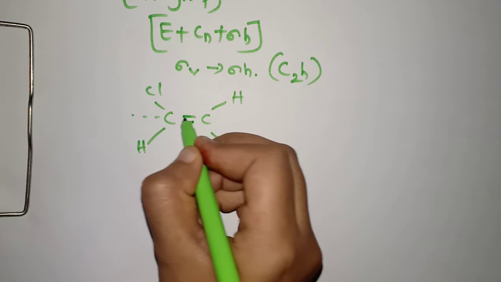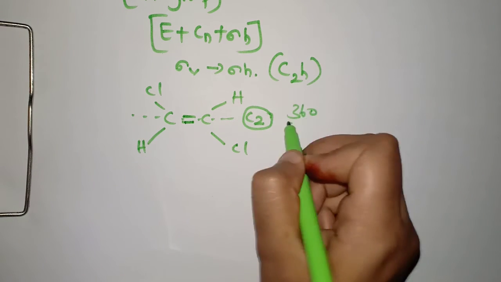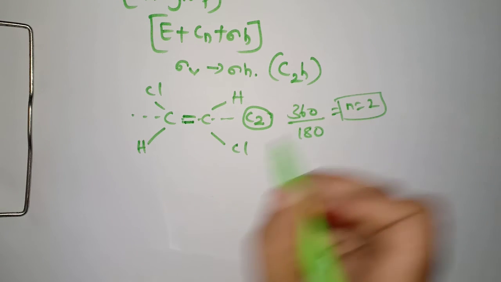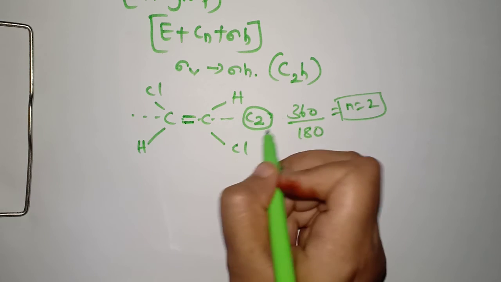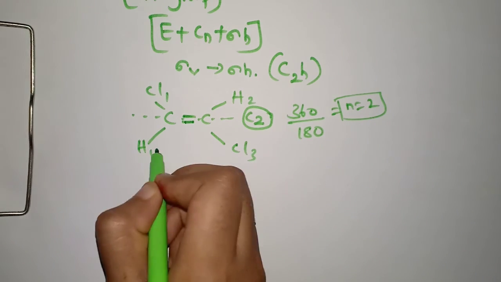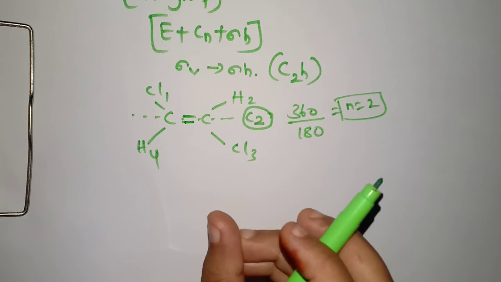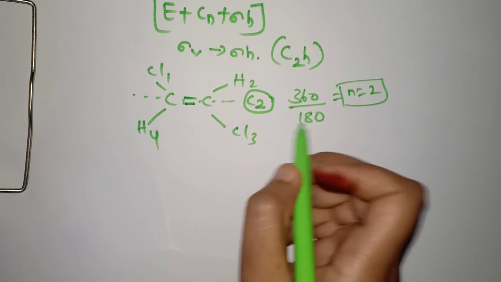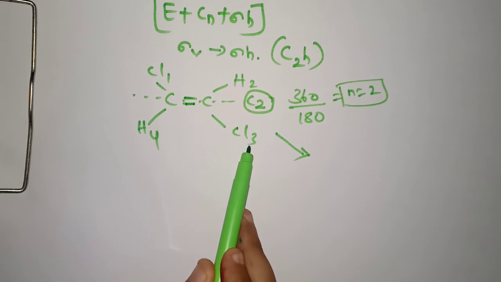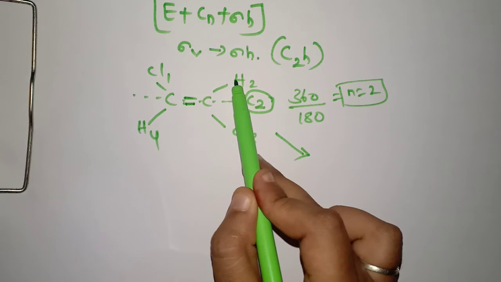Now see here, if you rotate it by C2 rotation, that means 360 by 180, we will get n equals 2. It consists of a two-fold axis of symmetry. If you rotate this molecule by 180 degrees two times, we will get the original configuration. After one rotation, Cl1 will come into the position of Cl3 and Cl3 will go to the position of Cl1, and H2 will come here and H4 will come there.